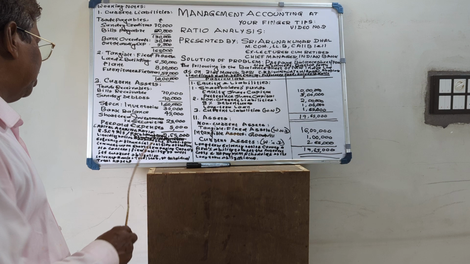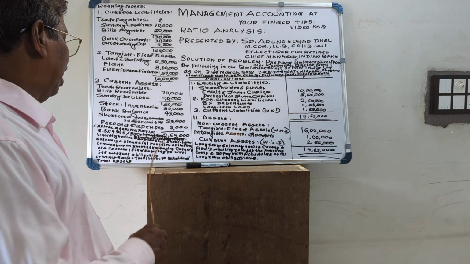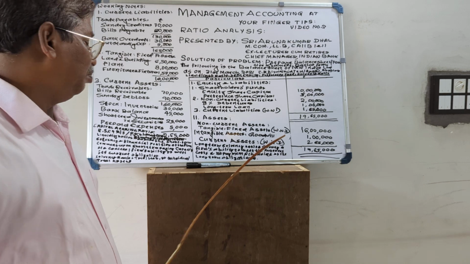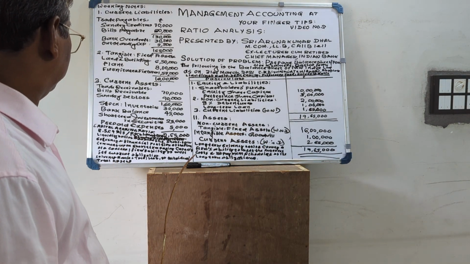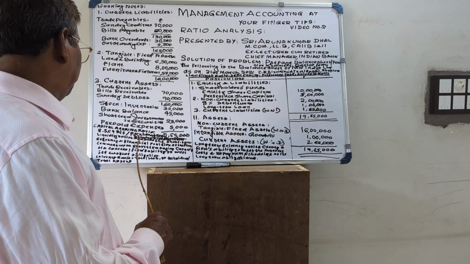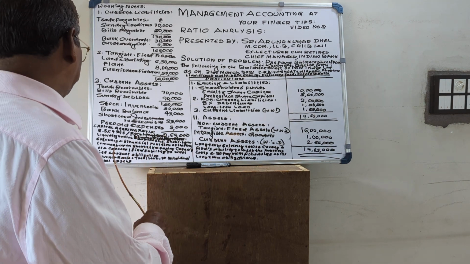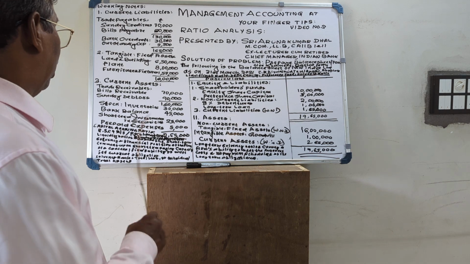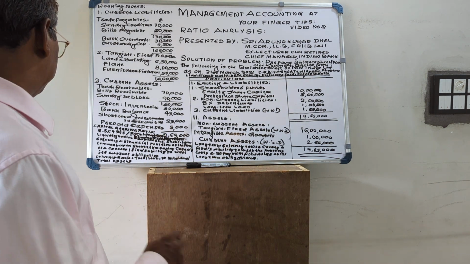We already discussed that the liquidity ratio measures the short-term solvency and financial position of a firm. It comments on the short-term paying capacity of a concern, or the firm's ability to meet current obligations.